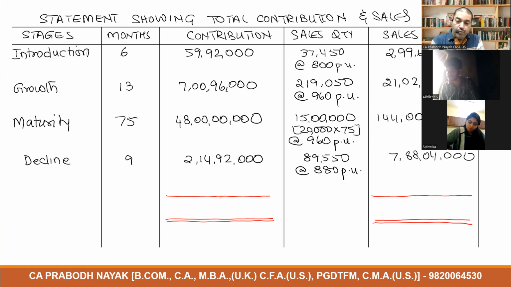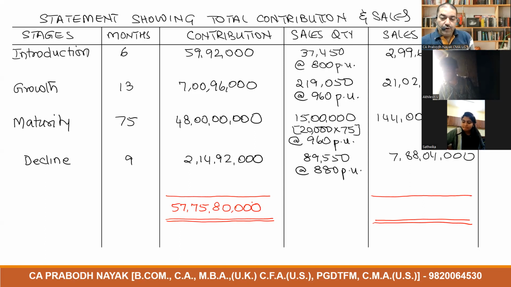So calculate total contribution and total revenue. Total contribution is 57 crores, 75 lakhs, 50,000. Let's check the figures. 57 crores, 75 lakhs, 50,000.